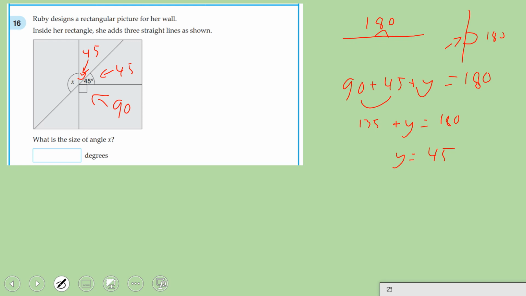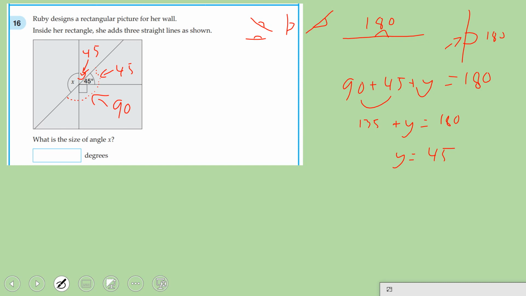Now we also know that no matter which direction the straight angle is, it will be 180 degrees, whether it's diagonal, horizontal, straight, whatever. Because we know that this straight line here, so I'll just do dotted, that dotted angle will be 180 degrees.